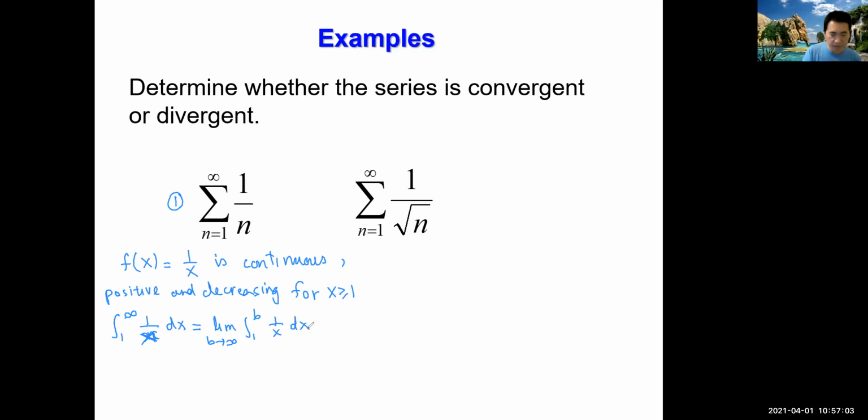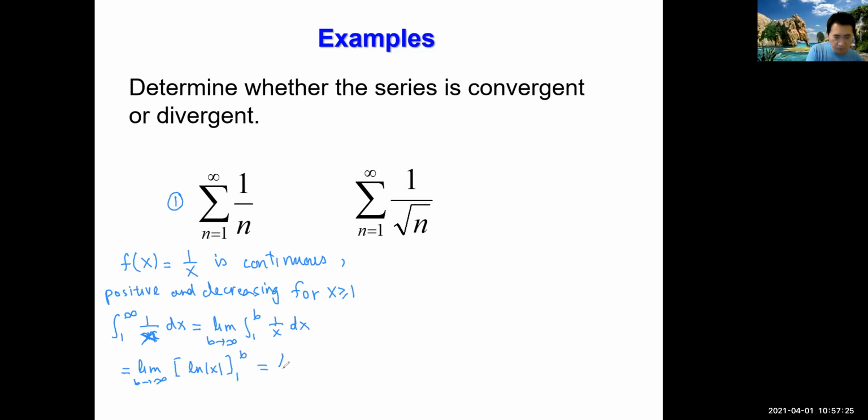Don't forget that improper integral there. And then from here, I can integrate this. I think it's easy, right? I can do it directly. It's natural log of x, from 1 to b.